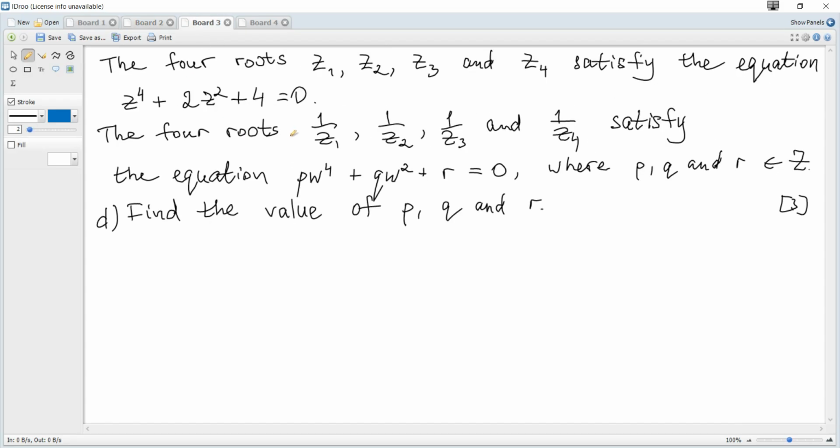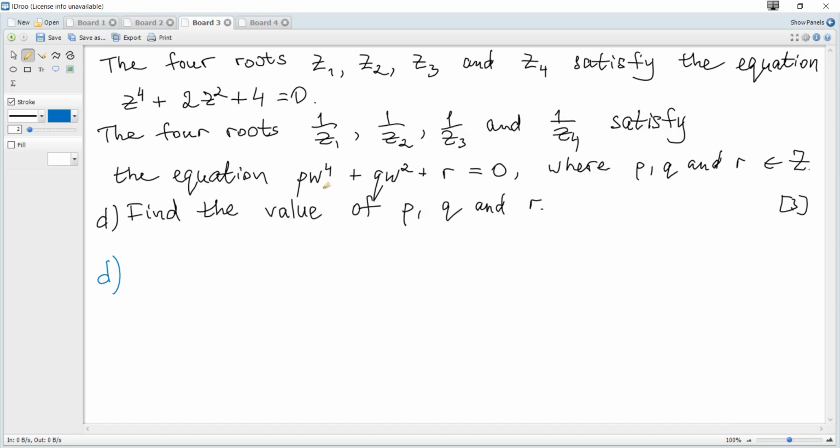The next, the same roots satisfy the equation z to the power 4 plus 2 z squared plus 4 is 0. The 4 roots 1 over z1 and so on satisfy the equation given. Find the value of p, q, and r.